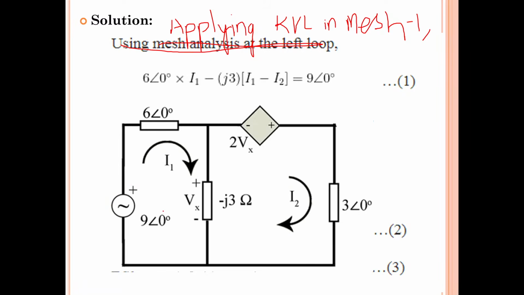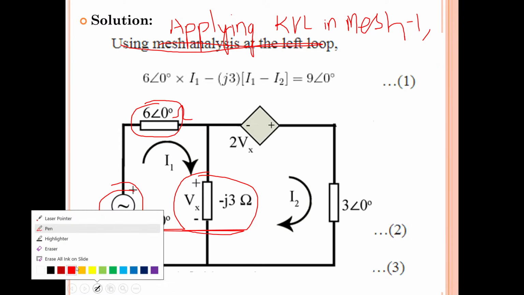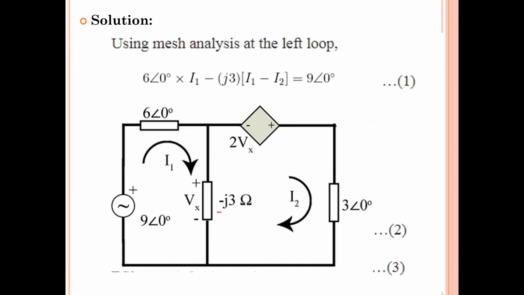What are all the elements that are there in mesh 1? A voltage source. They didn't mention whether it is a resistor, inductor or capacitor. Simply they have mentioned 6 at an angle of 0 degrees. If nothing is mentioned, we will assume it as a resistance. Another element is there, this is minus j3 ohms.